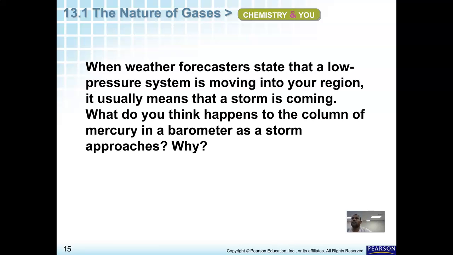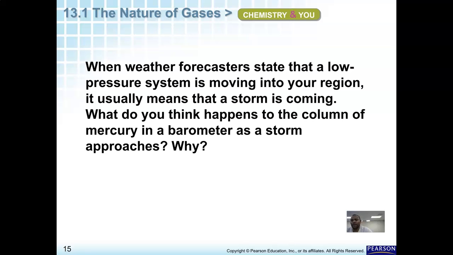The other thing that you need to answer is about weather forecasters. How can meteorologists forecast the weather condition of a certain region? How do they know that a storm is coming? It is based on the pressure of the surroundings.